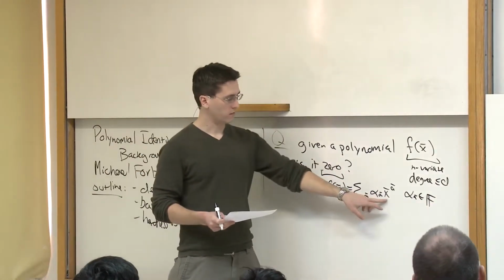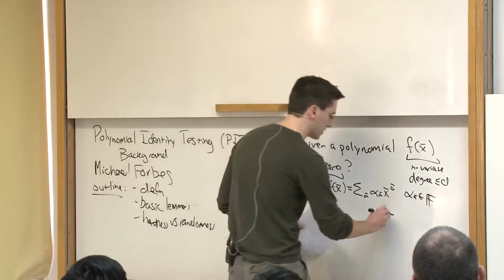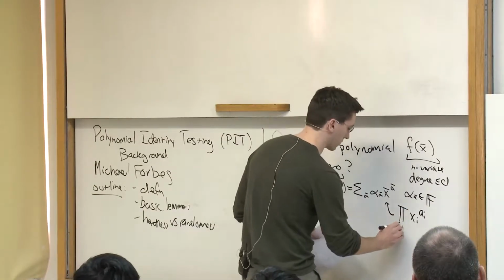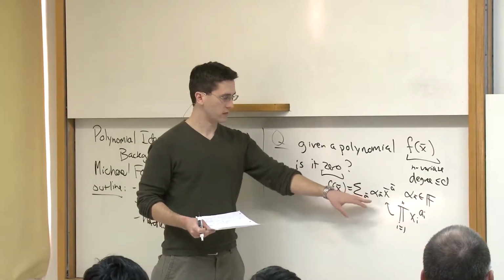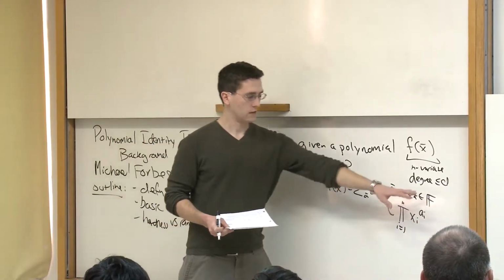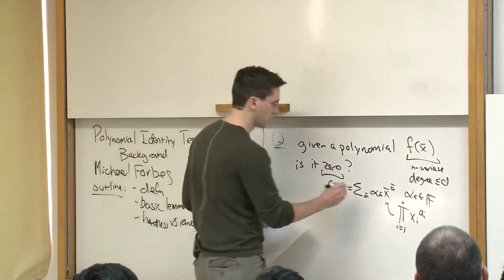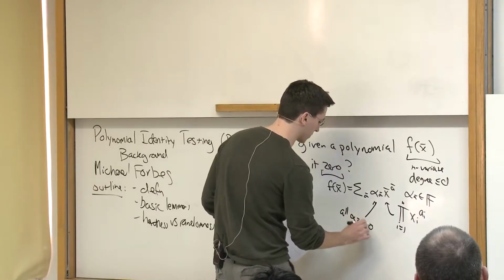So x is a vector of variables. There are going to be n of them, and then you have an exponent here. What this means is you basically take x_i to the a_i and you take the product over i from 1 to n. So this is a monomial. Then you have some coefficient, based on this exponent vector, that comes from your field. So this is a polynomial. And when I say a polynomial is 0, it means that all alpha sub a's are equal to 0.